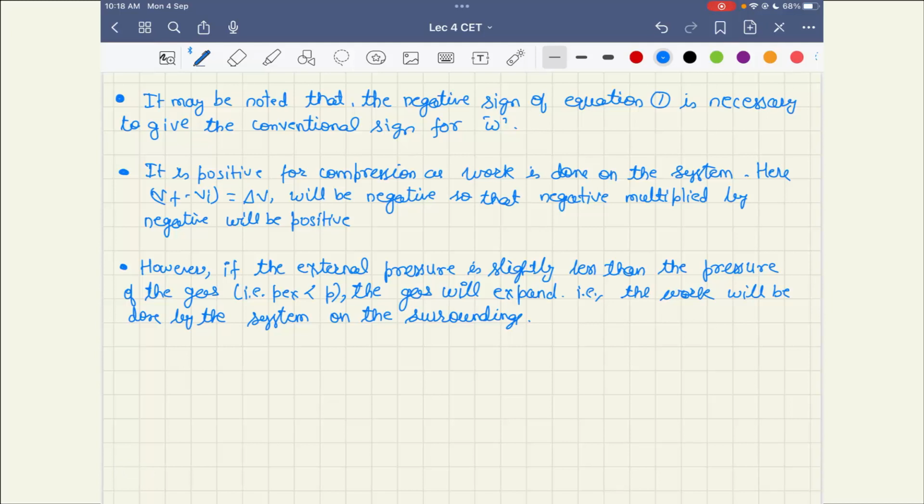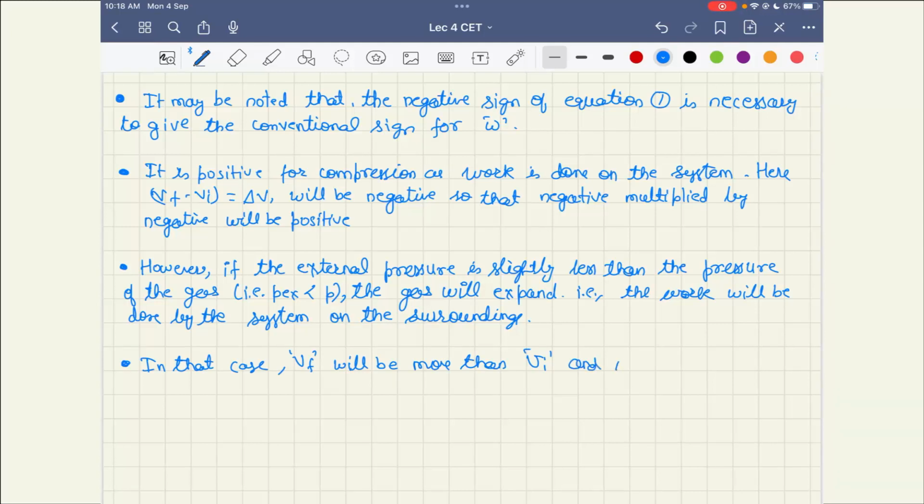Right? So in that case, Vf will be more than Vi, right?